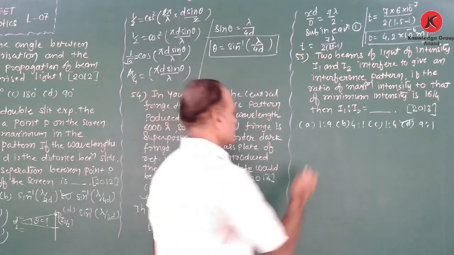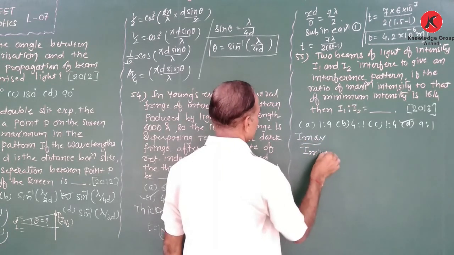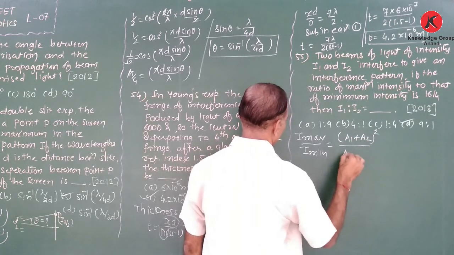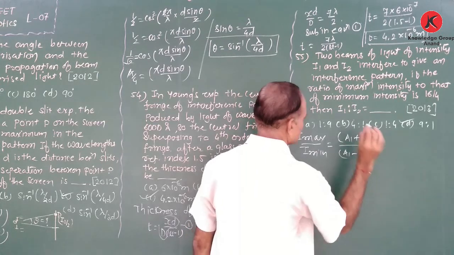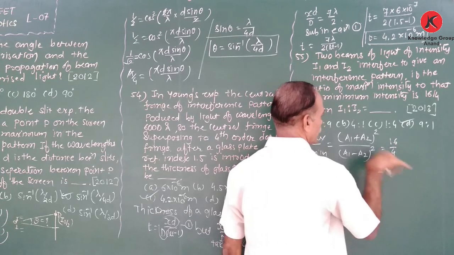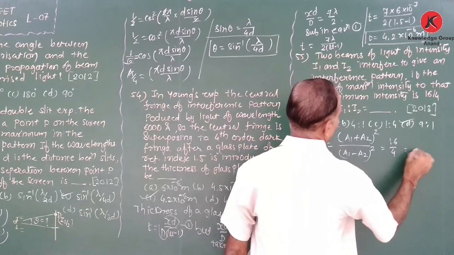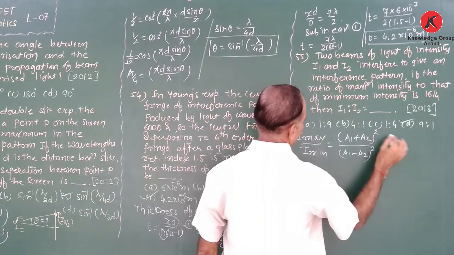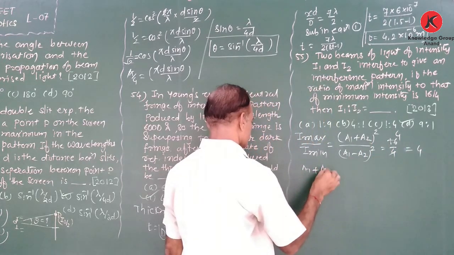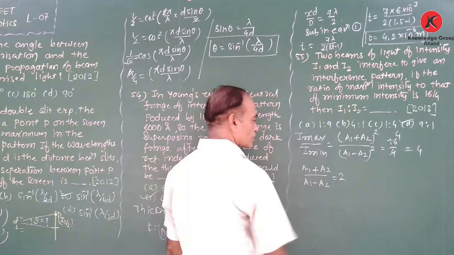From this we have to find the ratio of I1 upon I2. For that purpose we know that I maximum upon I minimum is equal to (A1 plus A2) whole square upon (A1 minus A2) whole square. This ratio is given 16 by 4. Take the square root on both sides. So it is equal to 4 for the 16. Therefore, (A1 plus A2) upon (A1 minus A2) is equal to 2.